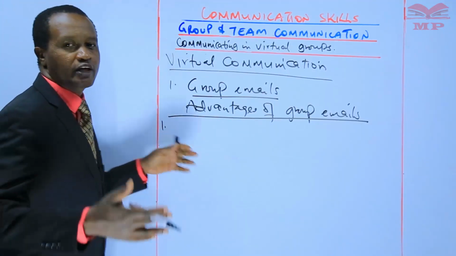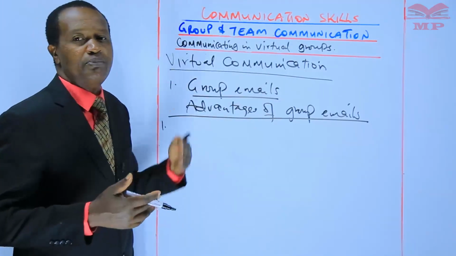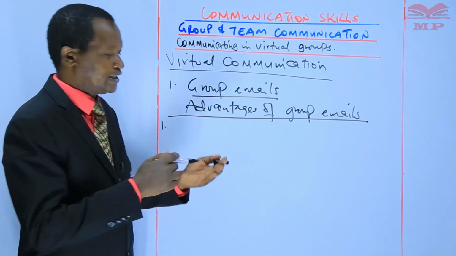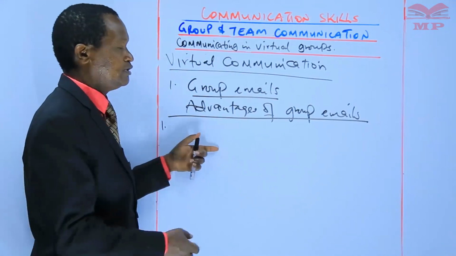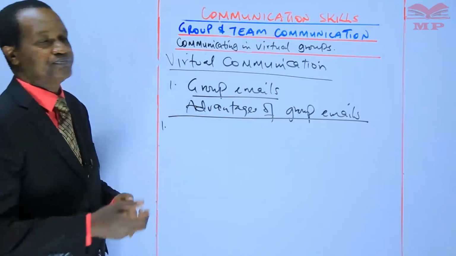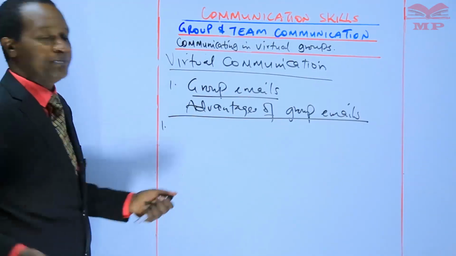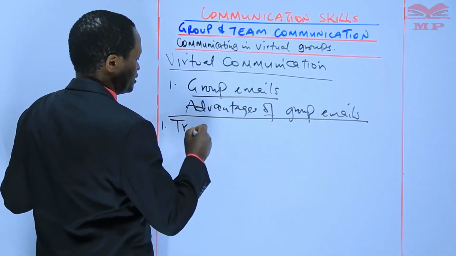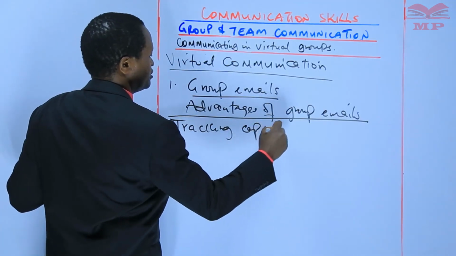It's possible to track what's being delivered and what is not being delivered, so that if there is anything that is not being delivered, the group administrators can be informed. All right? Tracking capabilities.